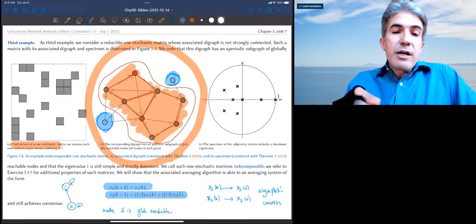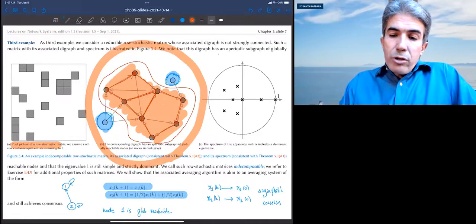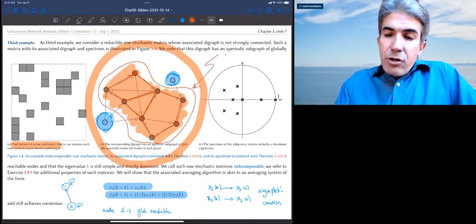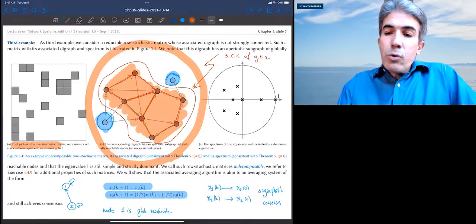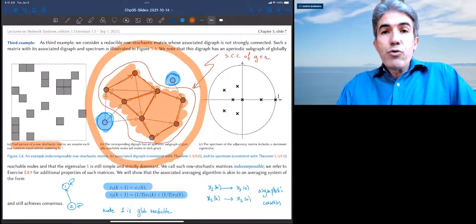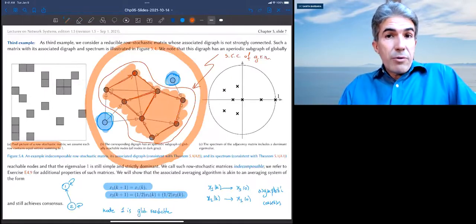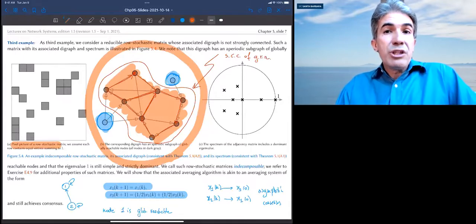So in other words, this is a strongly connected component of globally reachable nodes. I apologize for the two abbreviations one after the other, but it's a strongly connected subgraph. It's a component. It cannot be grown any longer. And those nodes are globally reachable in the graph.